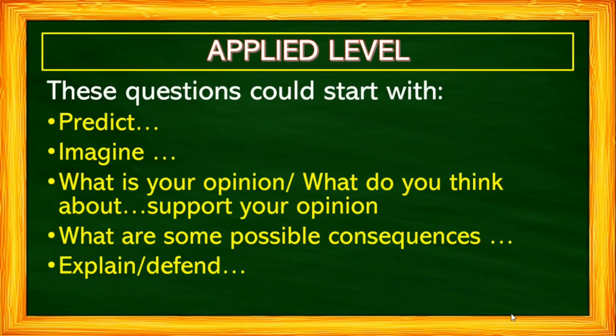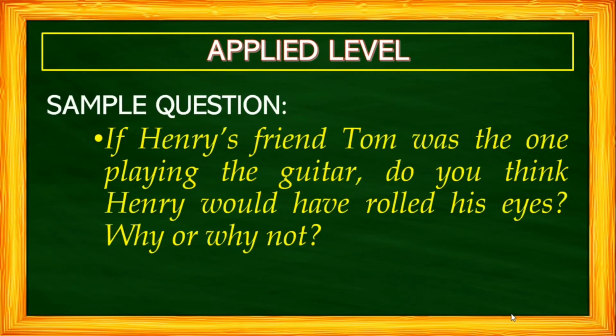Under applied level, questions could start with predict, imagine, what is your opinion? What do you think about? Support your opinion. What are some possible consequences? Explain, defend. Here is a sample question under applied level.